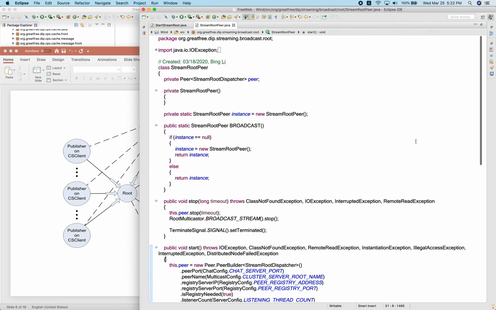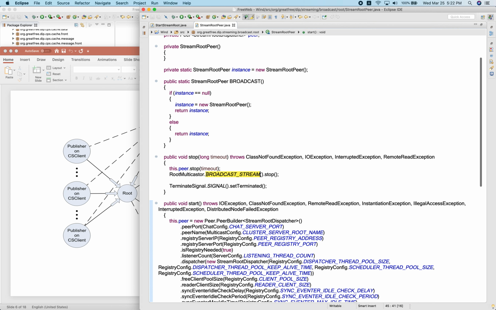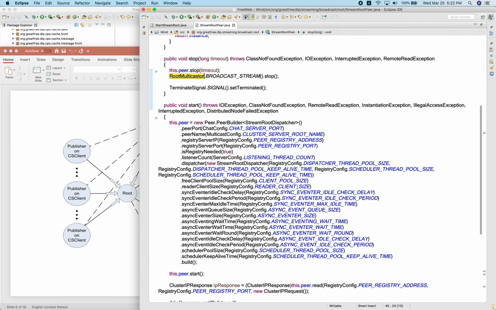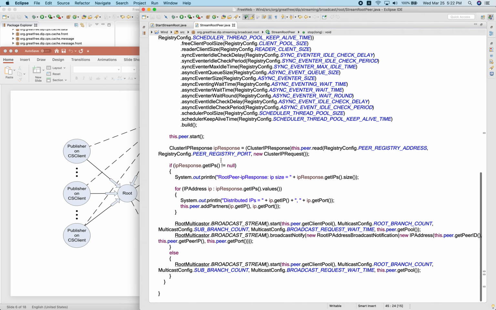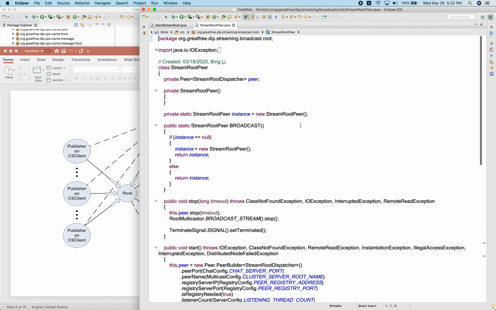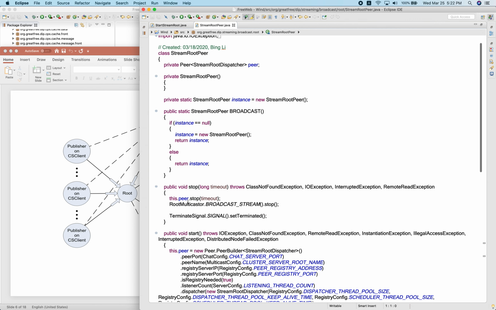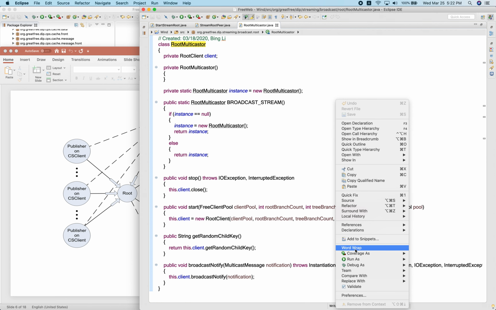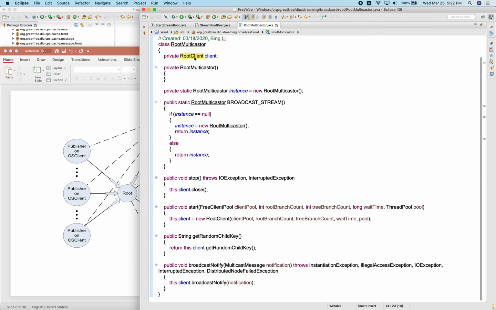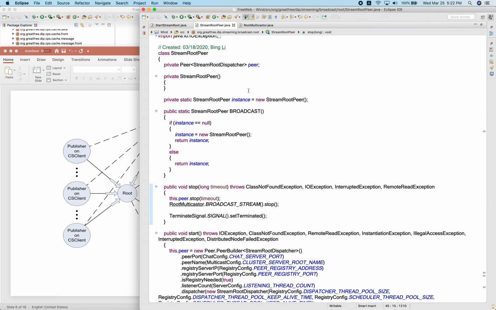So you can see the peer, the root multicaster, and some initialization tasks need to be performed here. Okay, let us take a look at this root master. It's the root class. You're familiar with that, right? We talked about that in detail in previous classes. Okay, next.